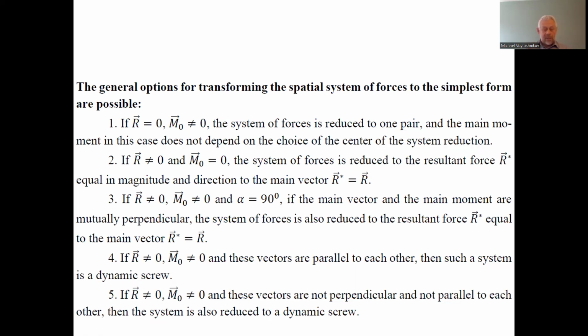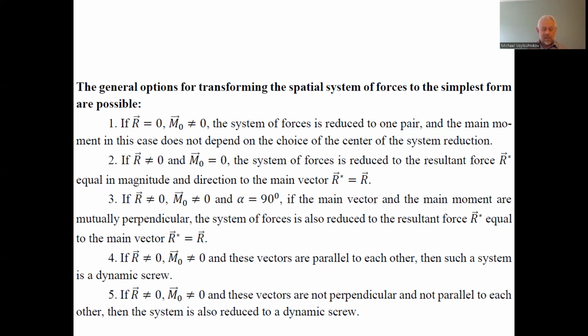And we have finally only the resultant force moved to another point of application in the perpendicular direction from the point of the original application, moved by a distance related to the magnitude of the projection of the main moment on the perpendicular to the plane where the resultant force lies. We divide the magnitude of this projection of the moment by the magnitude of the force and can find the distance of the relocation of the point of application of the resultant.